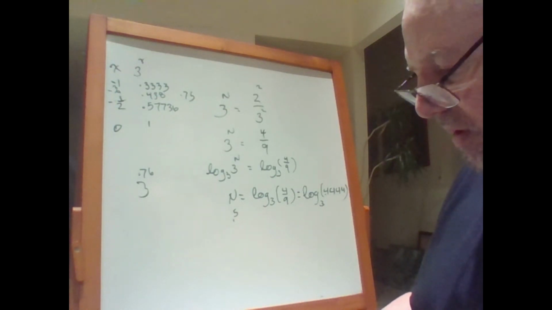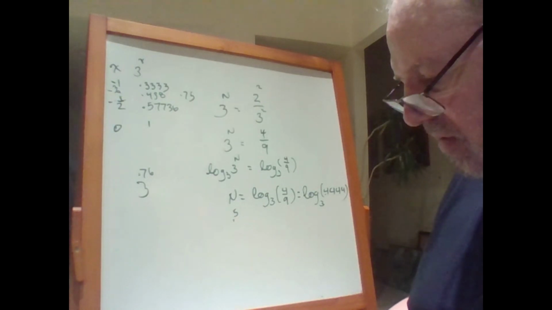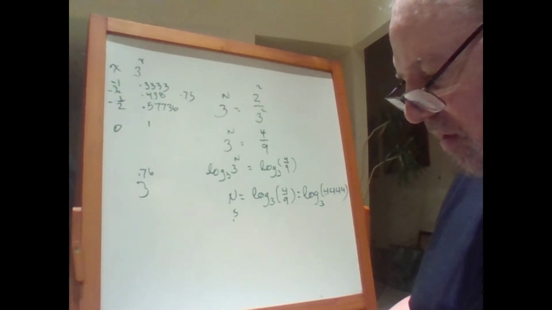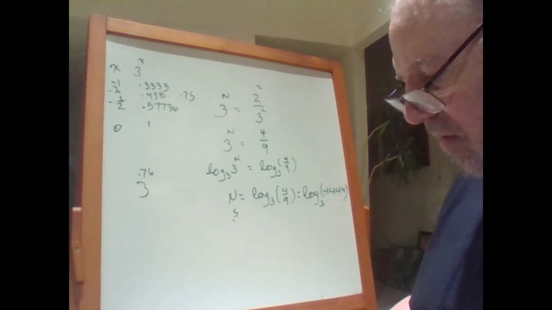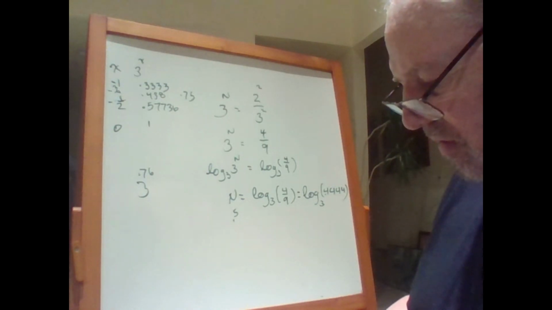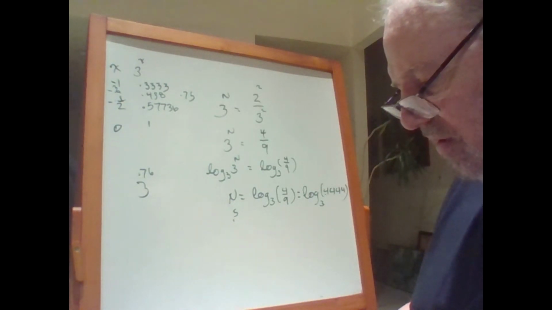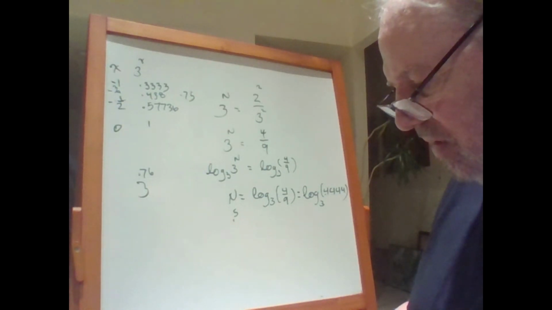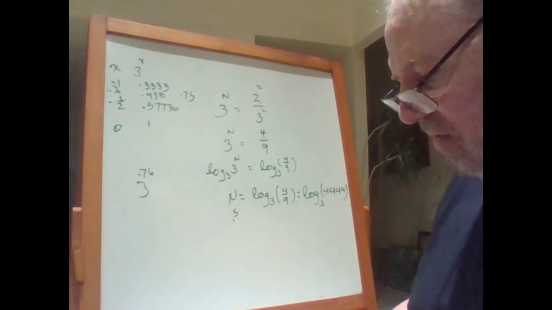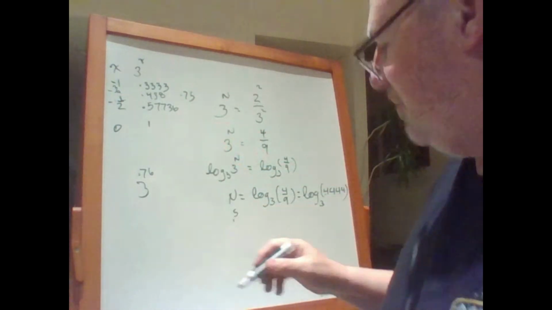Here we go. 3 raised to the 0.73. Invert. Yeah, this 0.72. So it's about 0.72.